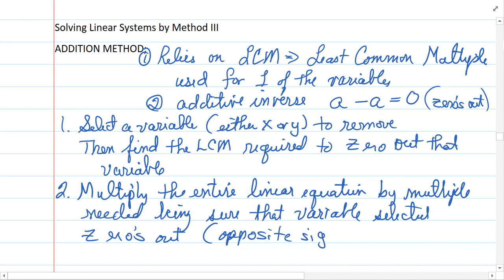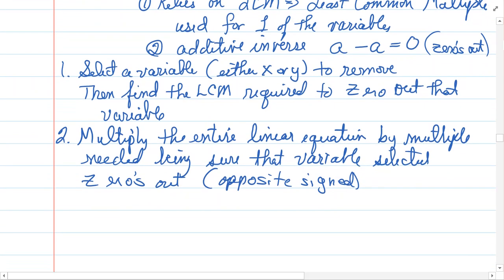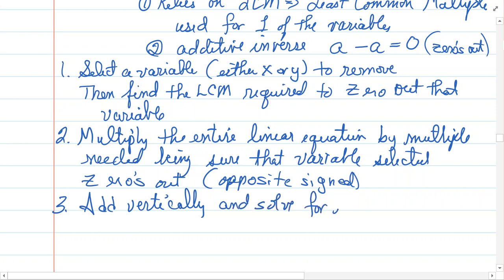So one of them might have to be multiplied by a negative multiple to make sure that you zero out one. Add vertically, and solve for the remaining variable.